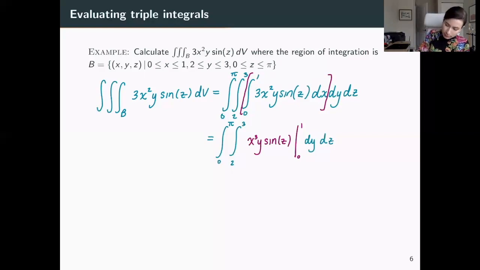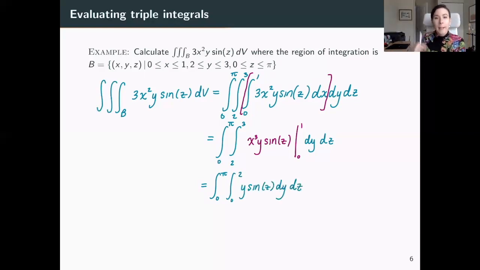Evaluating a little further, we have the integral from 0 to pi, the integral from 2 to 3 of y sine of z dy dz. Repeating this process, we're now left with a double integral, something we're familiar with evaluating.